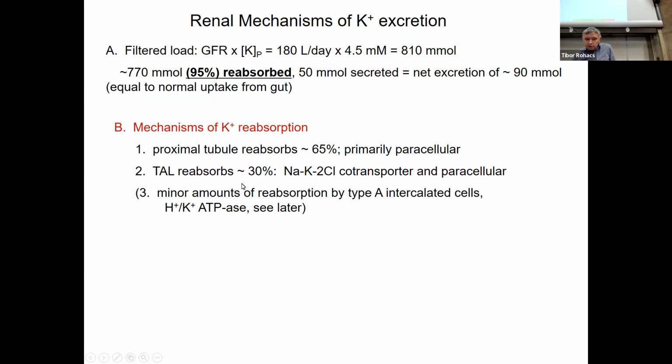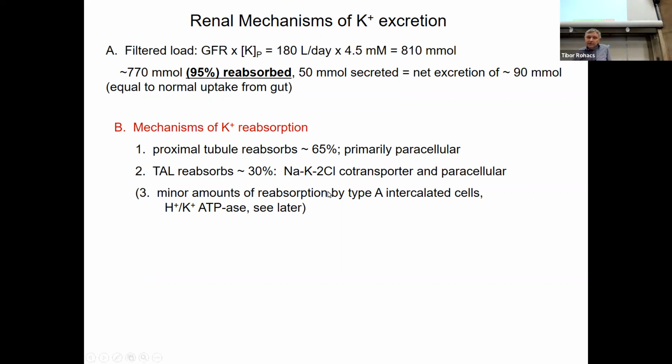The problem with potassium is the thick ascending limb, this furosemide sensitive cotransporter, reabsorbs an additional 30%. So overall, these two segments reabsorb 95%. And that's an issue because that's more reabsorption than what you need. And it makes it very difficult to get rid of potassium.